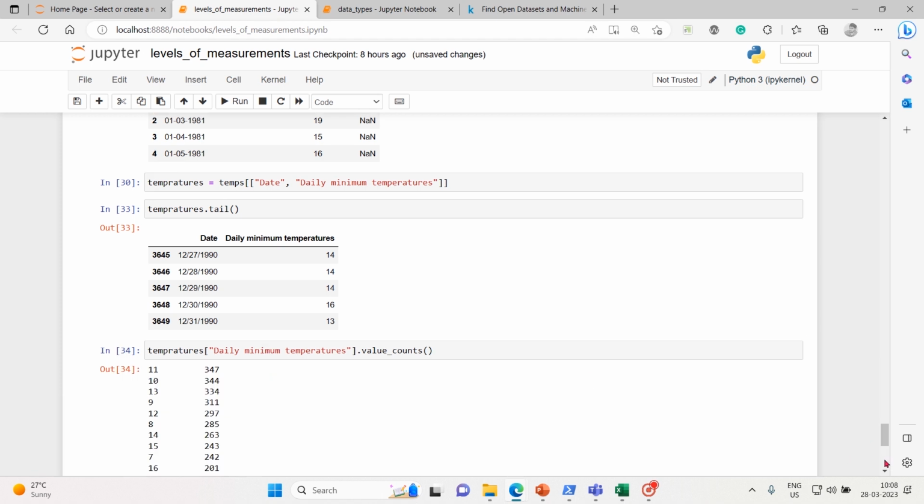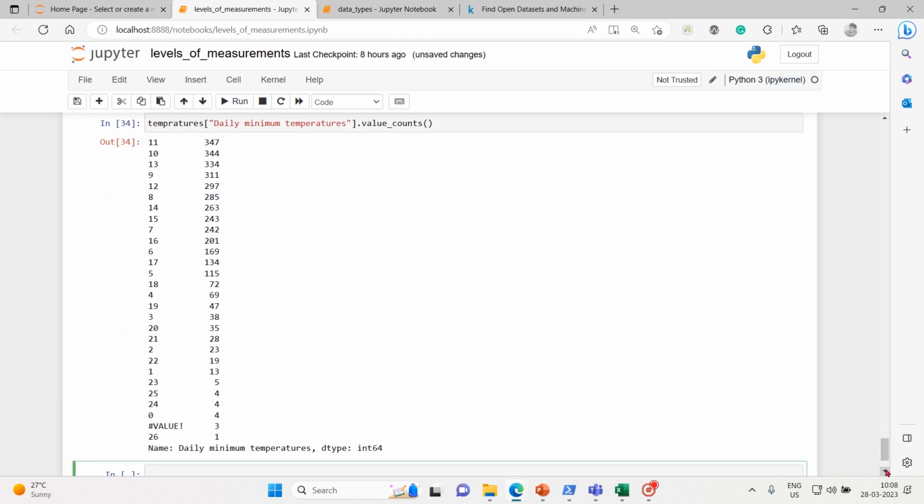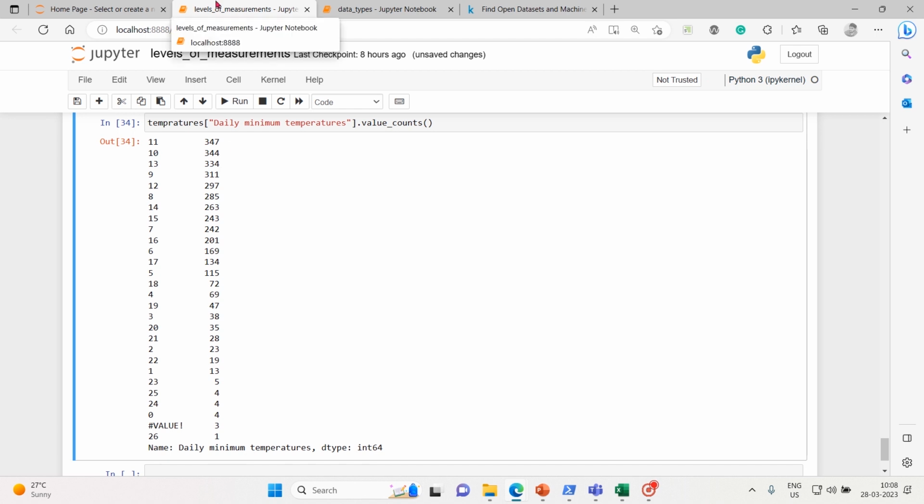Yep, so if you see the value counts, 11 degrees Celsius has come 347 times. So that means 11 degrees Celsius was recorded on 347 days. These are daily minimum temperatures. And 10 degrees Celsius was recorded 344 days, and 13 degrees Celsius was recorded 334 days.